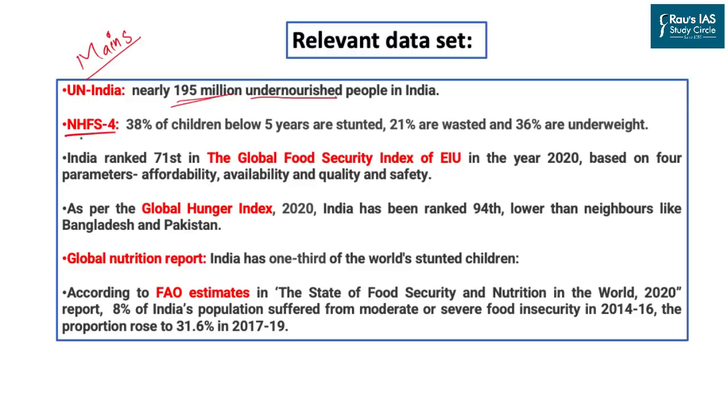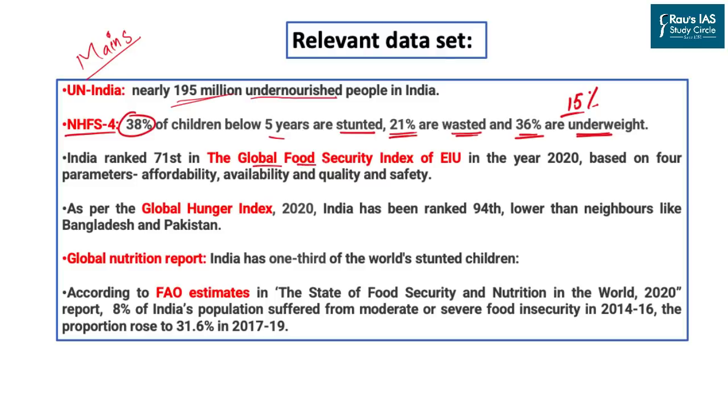As per the National Family Health Survey 4, 38% of children below 5 are stunted, that is, they have lower growth, 21% are wasted, and 36% are underweight. It also says that over 15% are overweight, which means that about 60 to 70% of the children in this country are facing one or the other form of malnutrition.